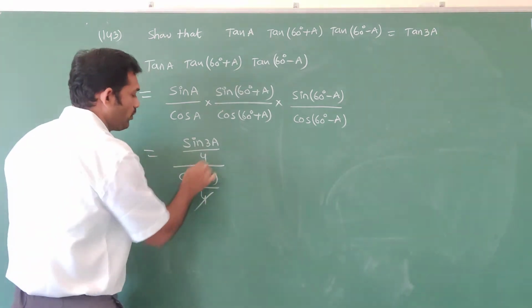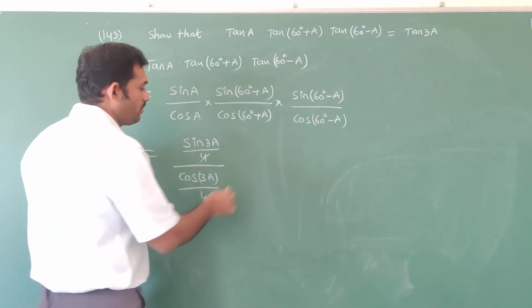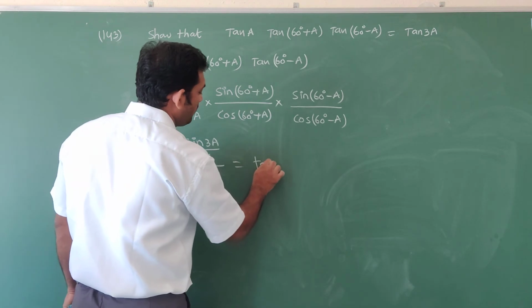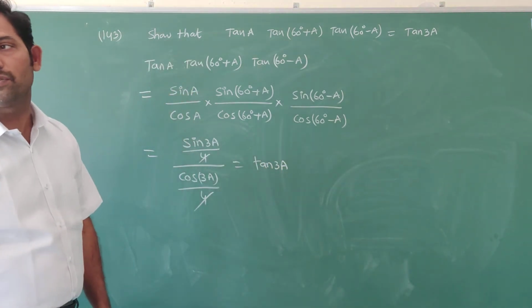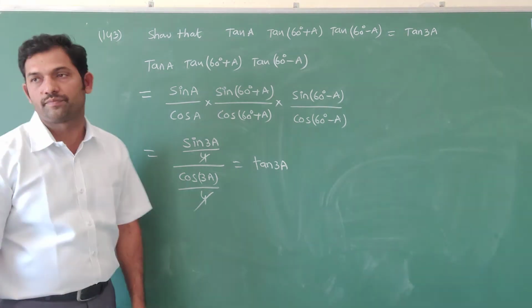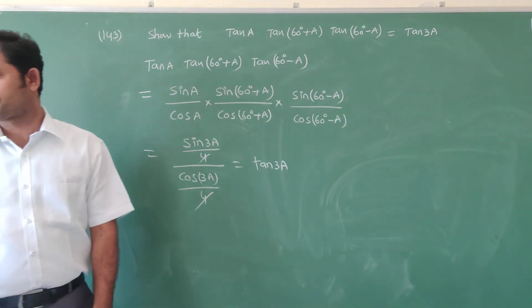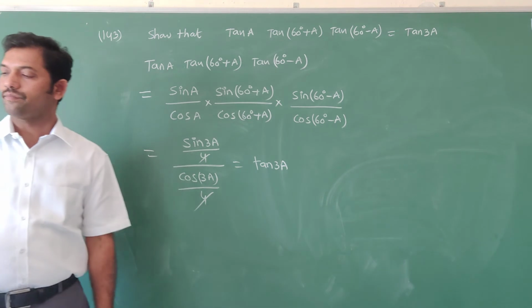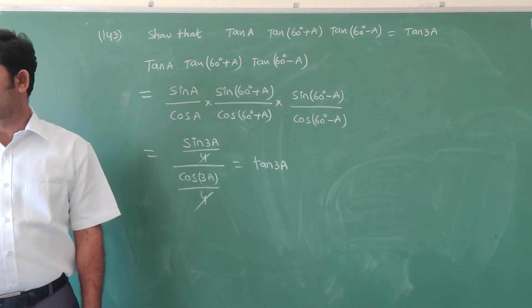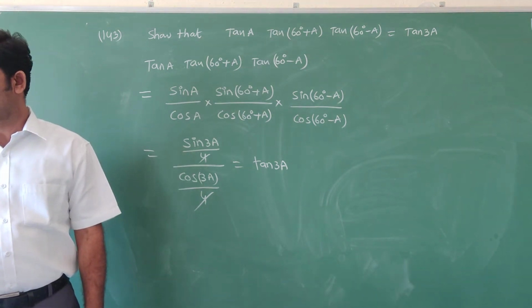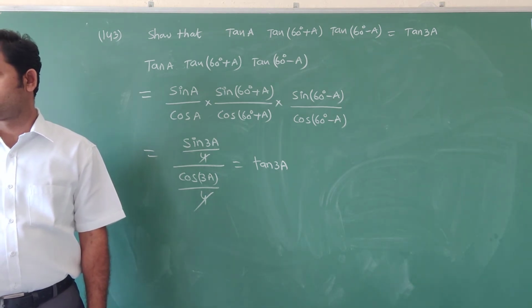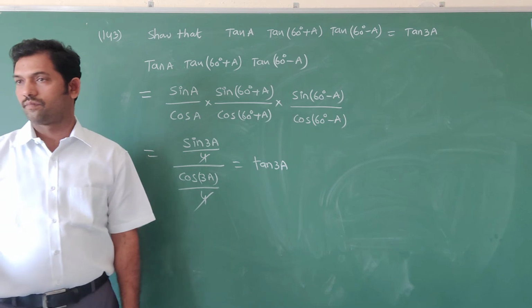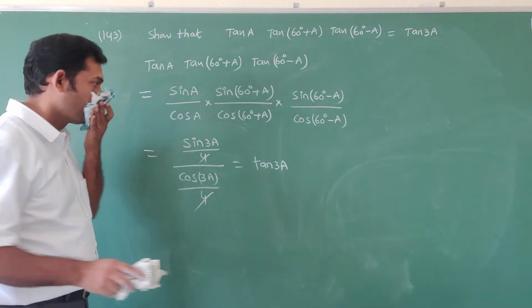So the 4 gets cancelled. Sin by cos means tan 3A, your solution. Note down fast.